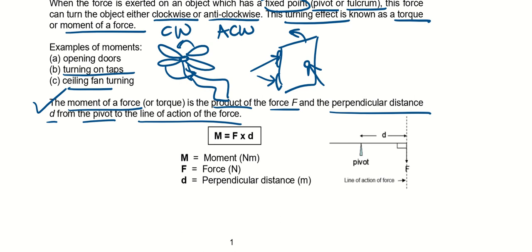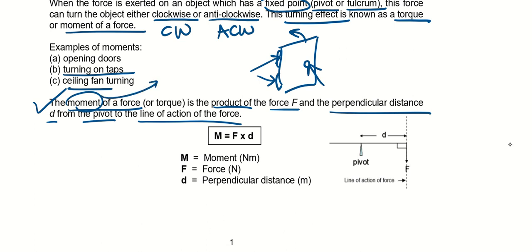For the first word, moment of a force is actually a turning effect. So moment causes something to turn, results in something turning. And next word, product, means in math multiplication.